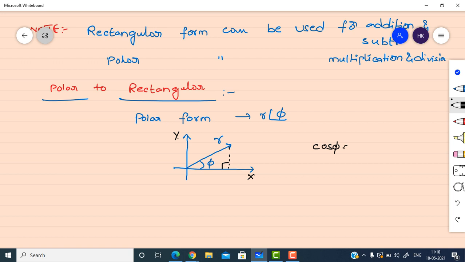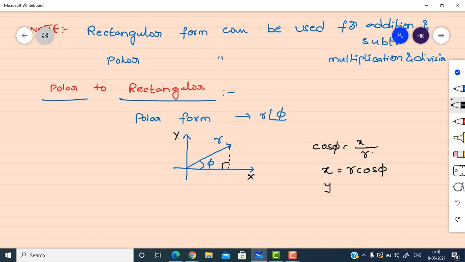Adjacent side by hypotenuse, right? So the x component is the adjacent side, x by the hypotenuse r, so x by r. Then cross multiplying, x is equal to r cos phi. So we got the x component in terms of r and phi.